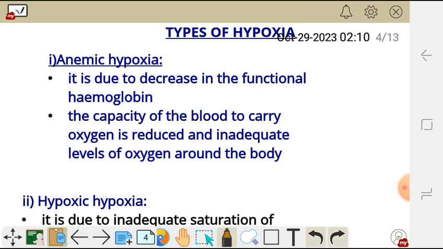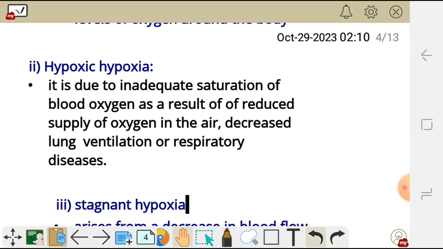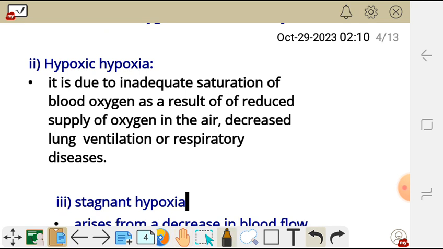Then another type of hypoxia is hypoxic hypoxia. So hypoxic hypoxia is due to inadequate saturation of blood oxygen as a result of reduced supply of oxygen in the air, decreased lung ventilation, or respiratory diseases. So here we have reduced oxygen in the air.